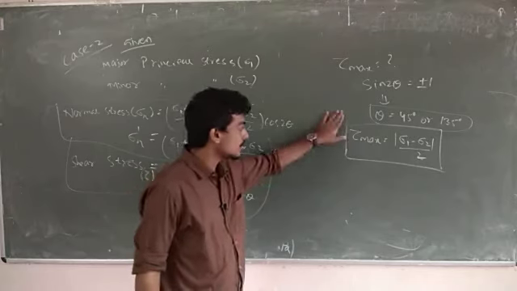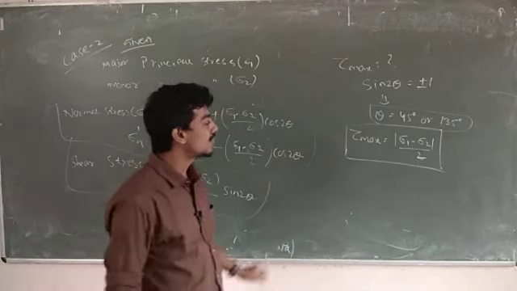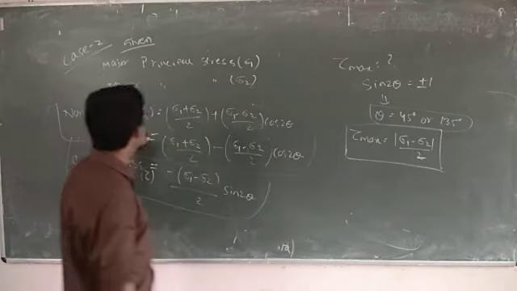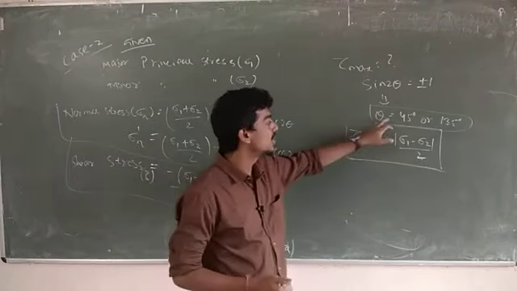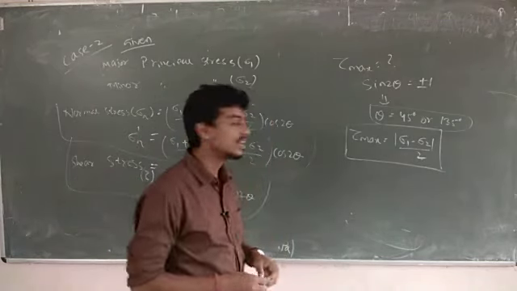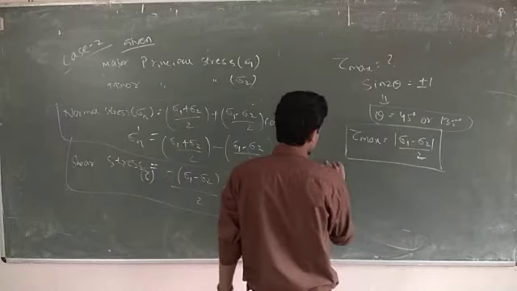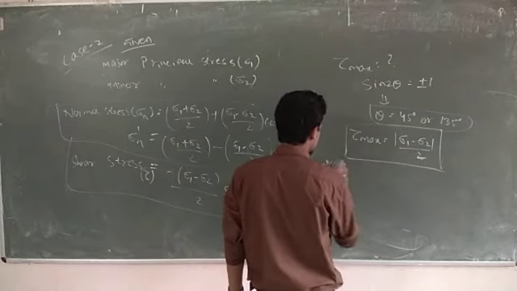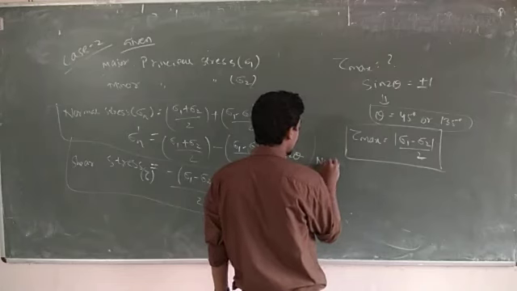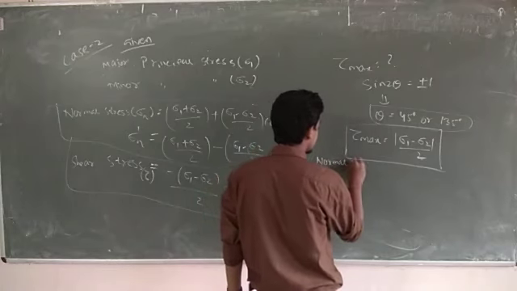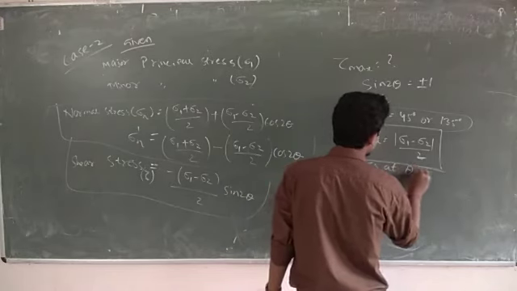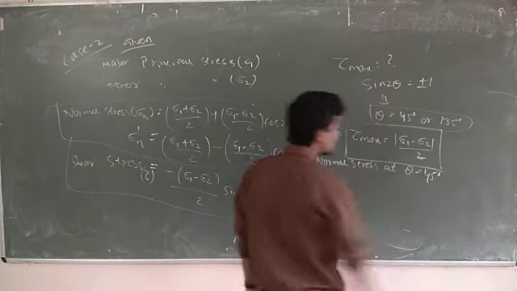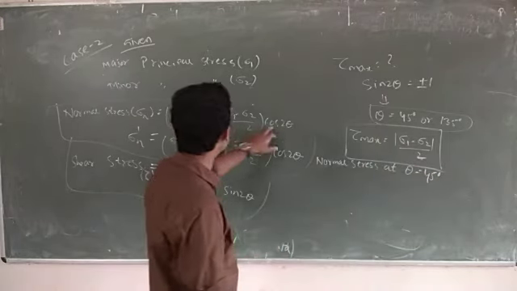So if someone asks you to find the normal stress on the plane where maximum shear stress occurs, that means when theta is 45 degrees, how do you find the normal stress? Just put theta equal to 45.